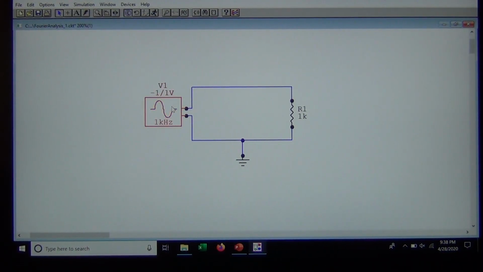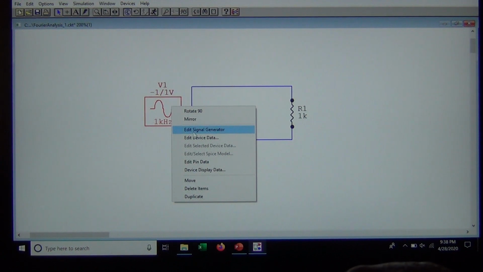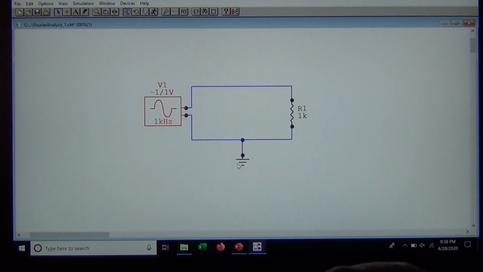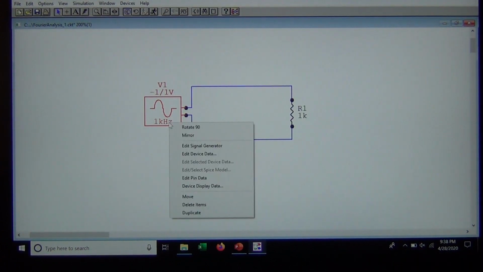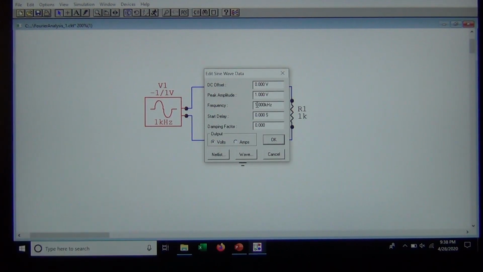Let's stop this, and just so you understand what's going on here, I'm going to click on this guy here, right click it, edit the device data, and change it to, oh, this is the wrong one. I want to edit the signal generator, and let's change it to say 4 kilohertz.